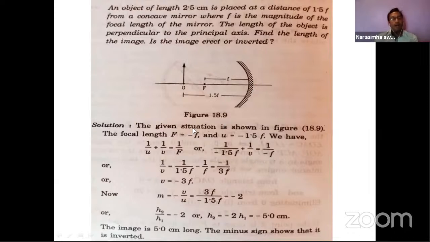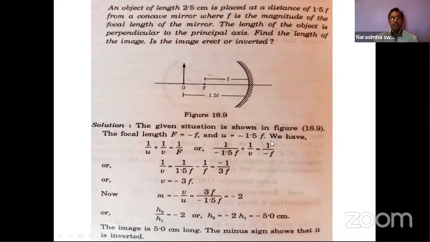All the distances should be measured from the pole, that is from the center to the left side, opposite to the direction of the light ray. So that's why the negative is taken, and u is minus 1.5 f. U is minus 1.5 f, and f is the focal length of this mirror.